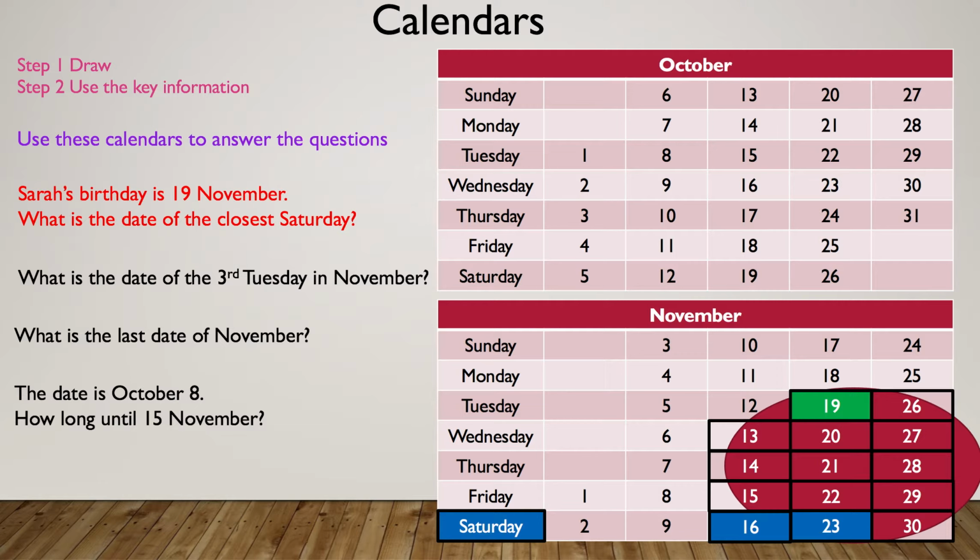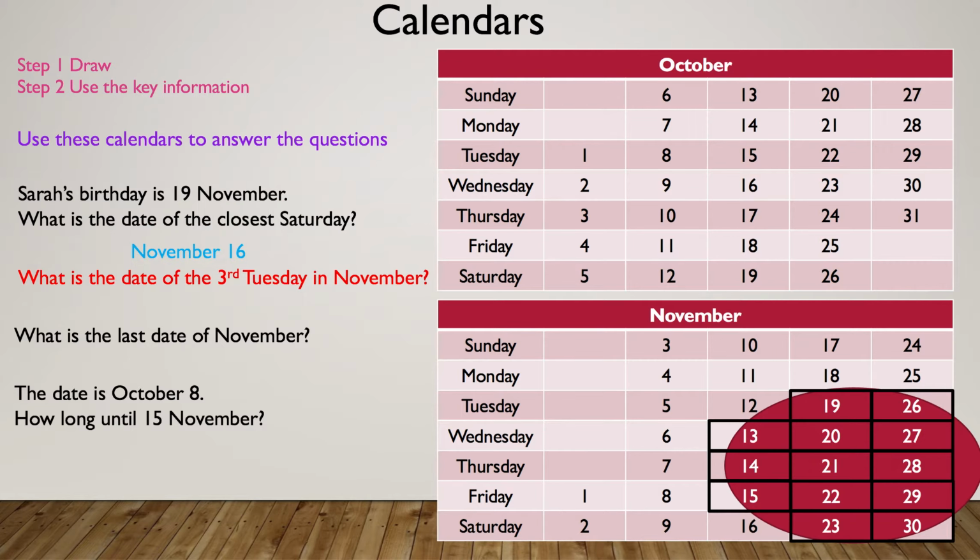Now we just have to decide which one's closer. You can just count backwards or count forwards, and you'll be able to see. Let's do it mathematically. 23 minus 19 is 4, and 19 minus 16 is 3. Obviously, 3 is smaller, so therefore it is closer, and that means November 16th is closer.